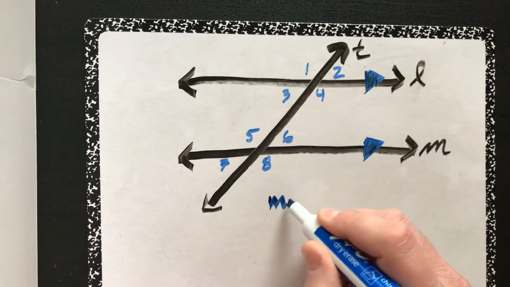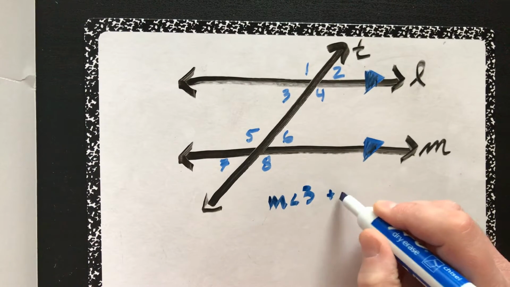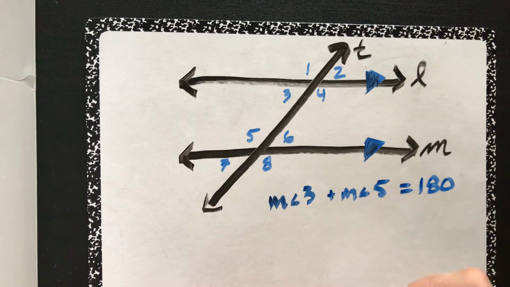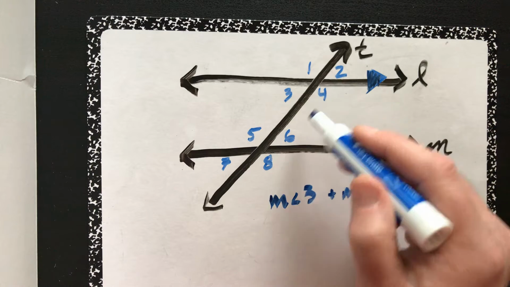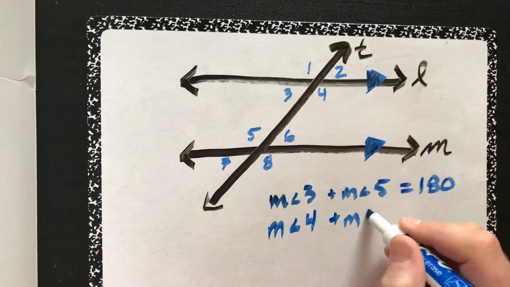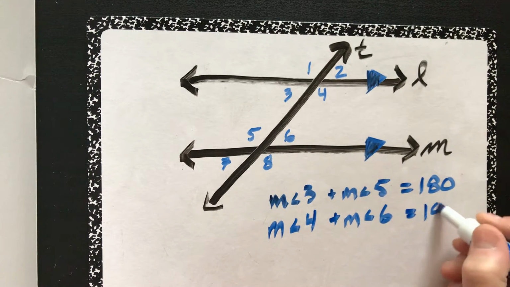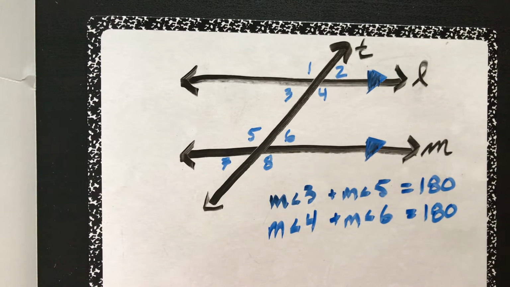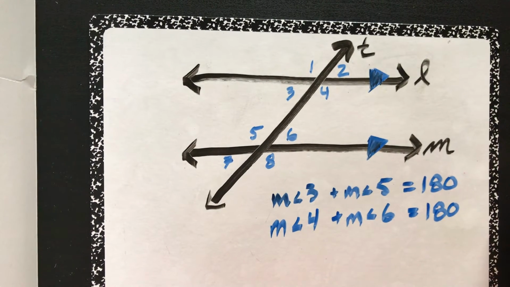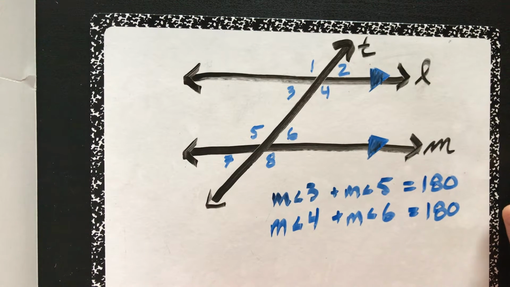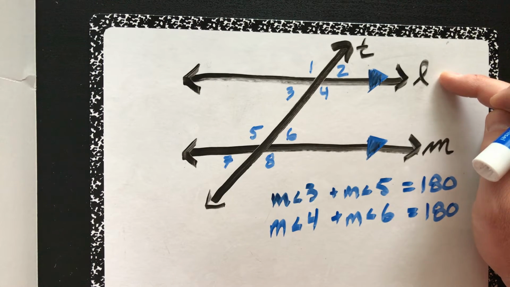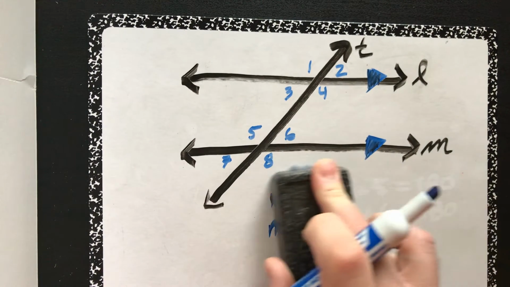So the measure of angle 3 plus the measure of angle 5 must be equal to 180 degrees. And we also have another pair, the measure of angle 4 plus the measure of angle 6 will also be equal to 180 degrees. All right, that is your same side interior angle postulate. Now, this is only true, once again, if these two lines are parallel. Okay? Now, let's move on to the next postulate.